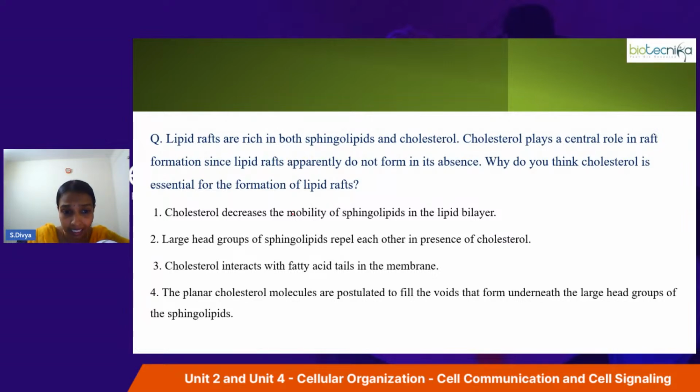Because cholesterol decreases the mobility of sphingolipids in the lipid bilayer. Large head groups of sphingolipids tend to repel each other, or it interacts with fatty acid tails in the membrane, or the planar cholesterol molecule can fill the voids that form underneath the large head groups of sphingolipids. What should be the reason why cholesterol is required for lipid raft formation?